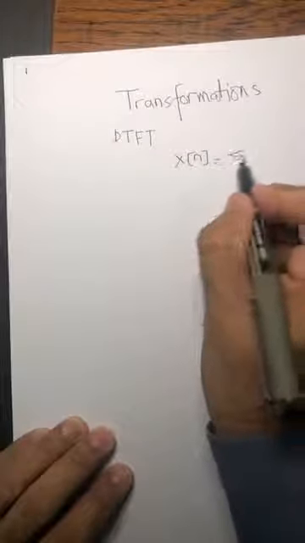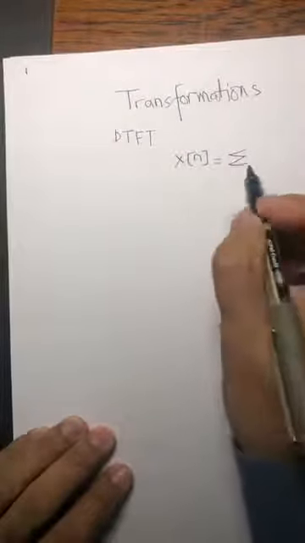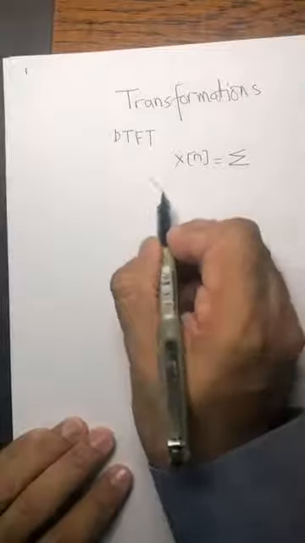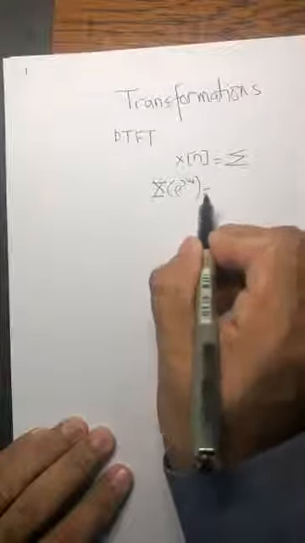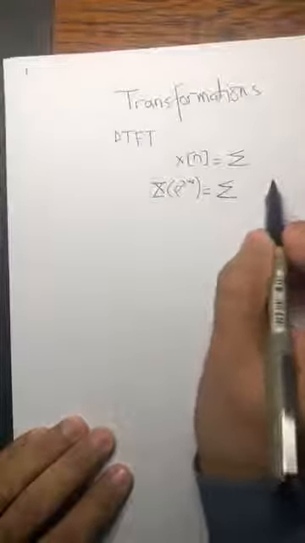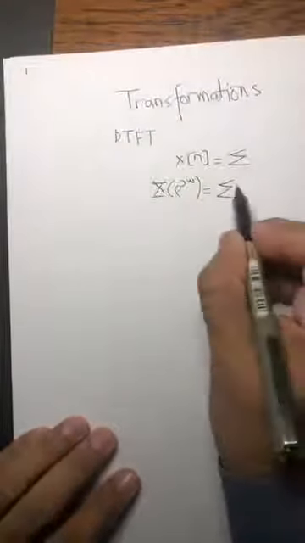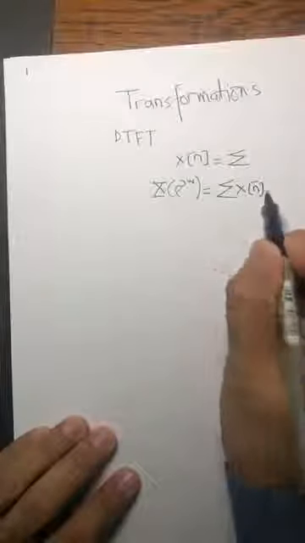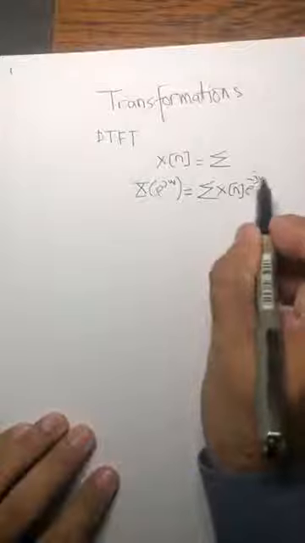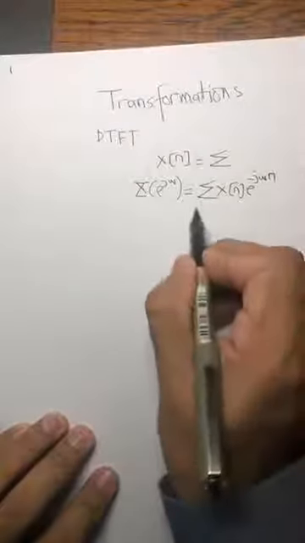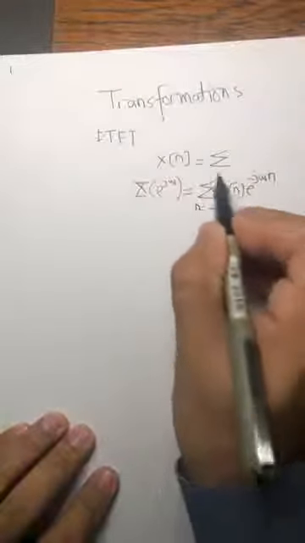Let me write the forward transformation. X of e to the j omega is the summation of x of n e to the minus j omega n, where n goes from minus infinity to infinity.